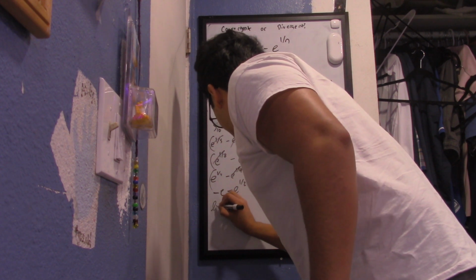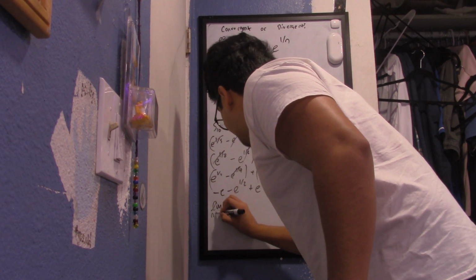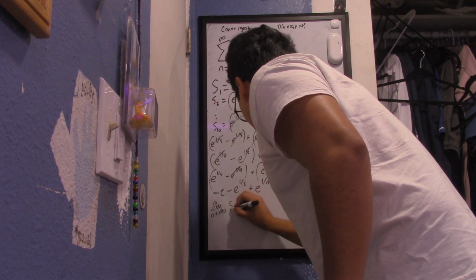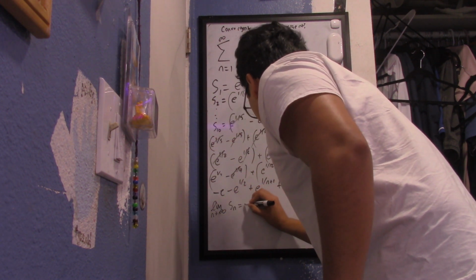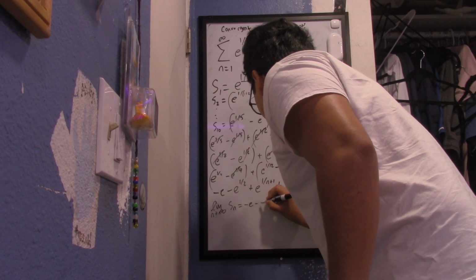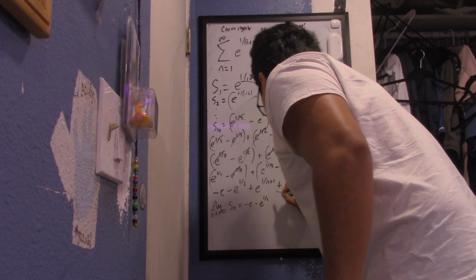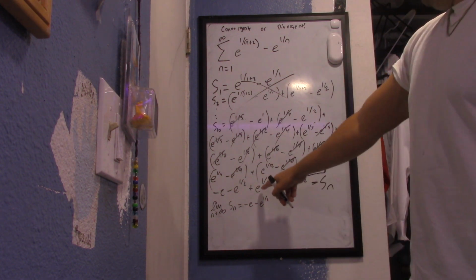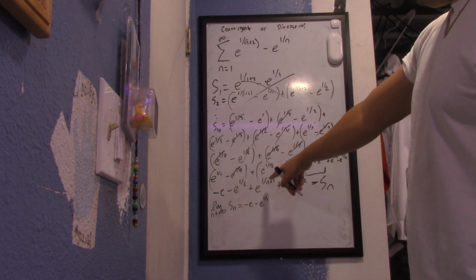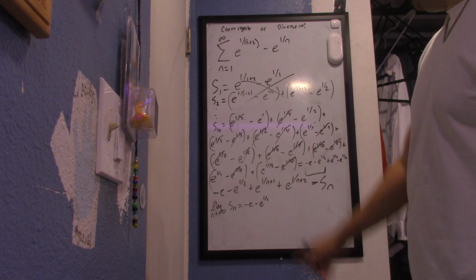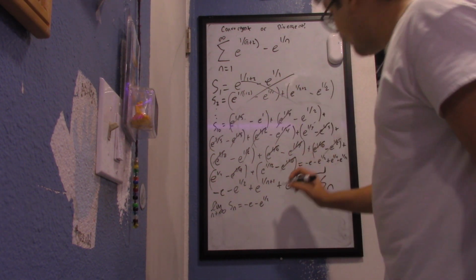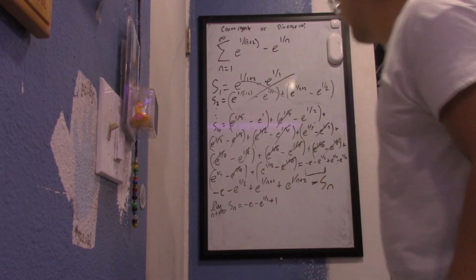So let's do that. The limit as n approaches infinity of s of n equals negative e minus e to the 1/2 plus e to the 1/n plus e to the 1/(n+2). Now we got something else we could work with here. Like we said before, e to the power of 1/n as n approaches infinity, that is 1/infinity, which is 0. So e to the 0 power is 1.